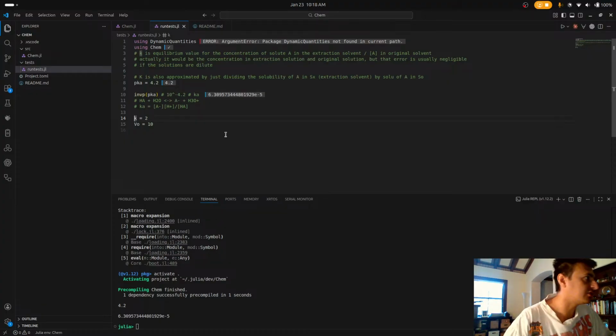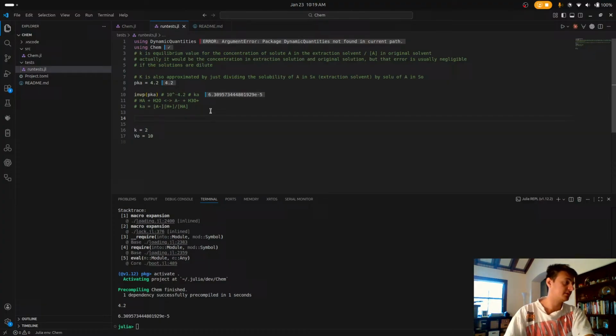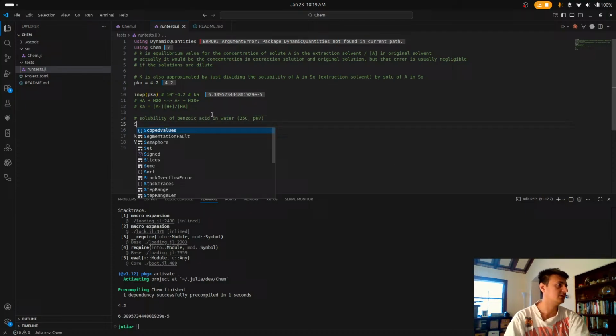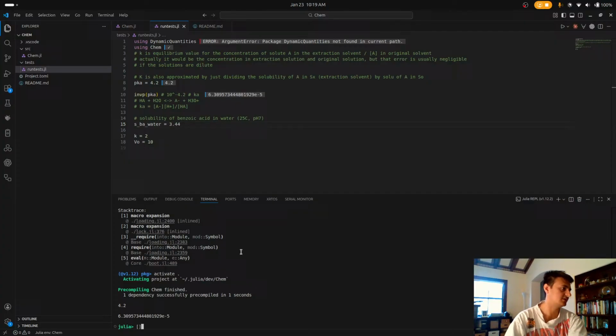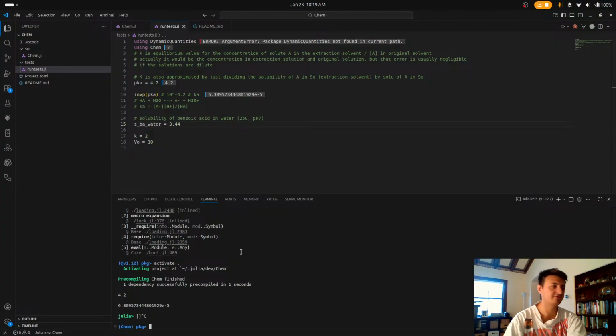Okay, so let's just track through this. The solubility of benzoic acid in water, 25C, pH 7. You always gotta have units.